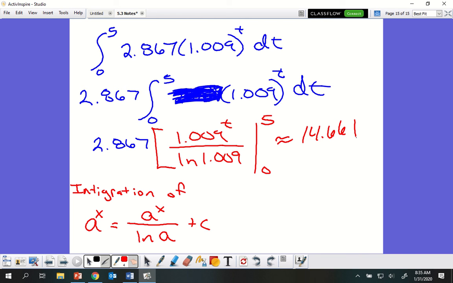That's the rate of the change, though. It's 5 years, so multiply by 14.661.